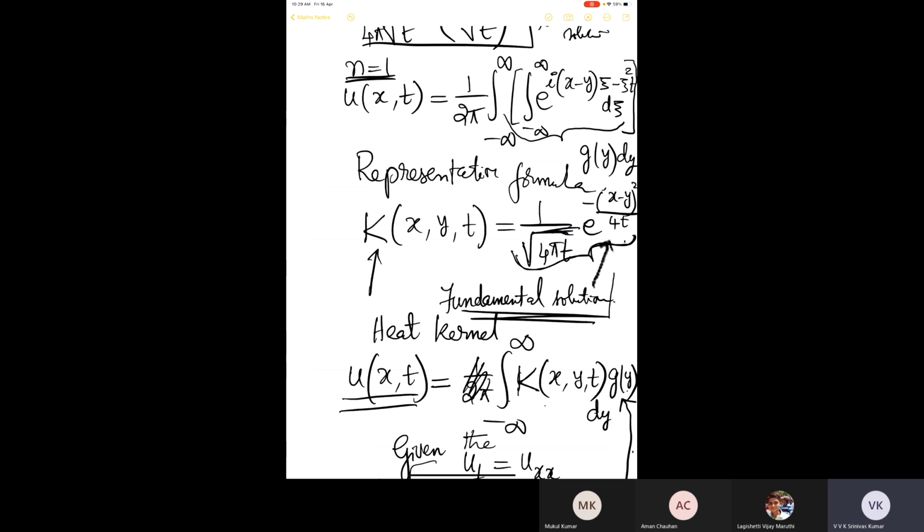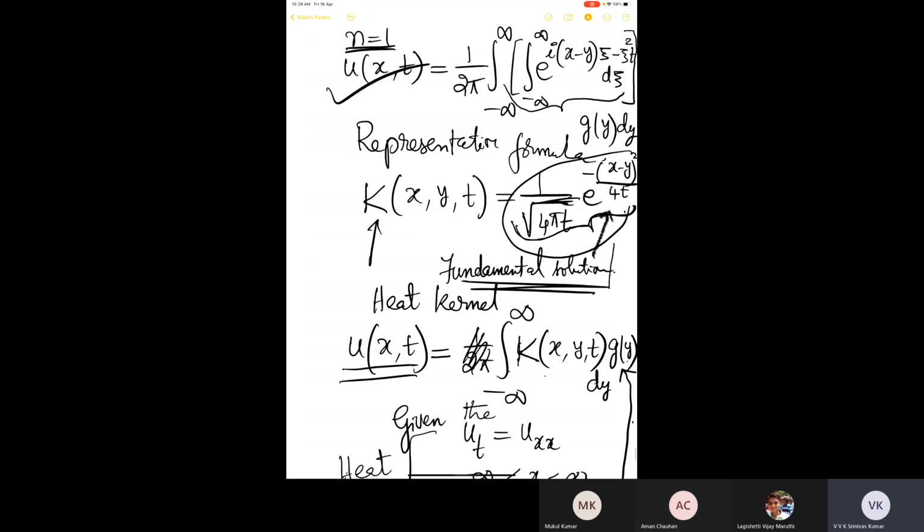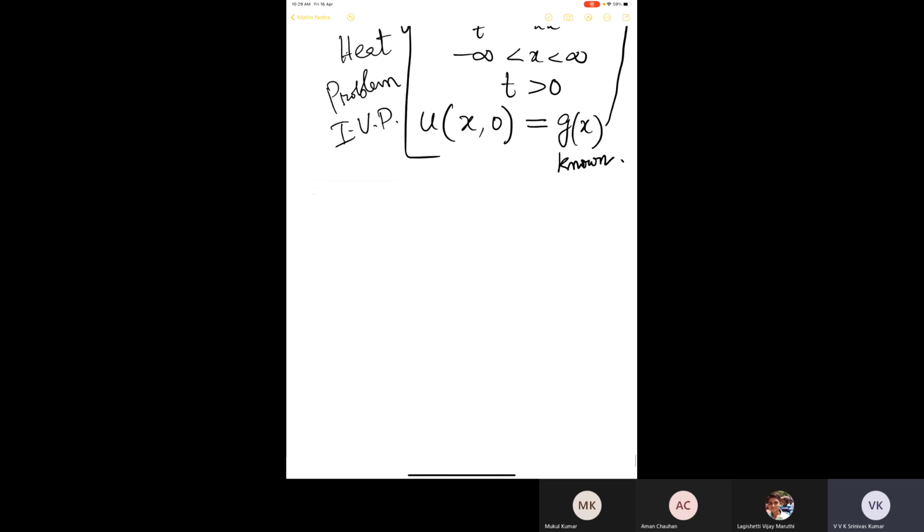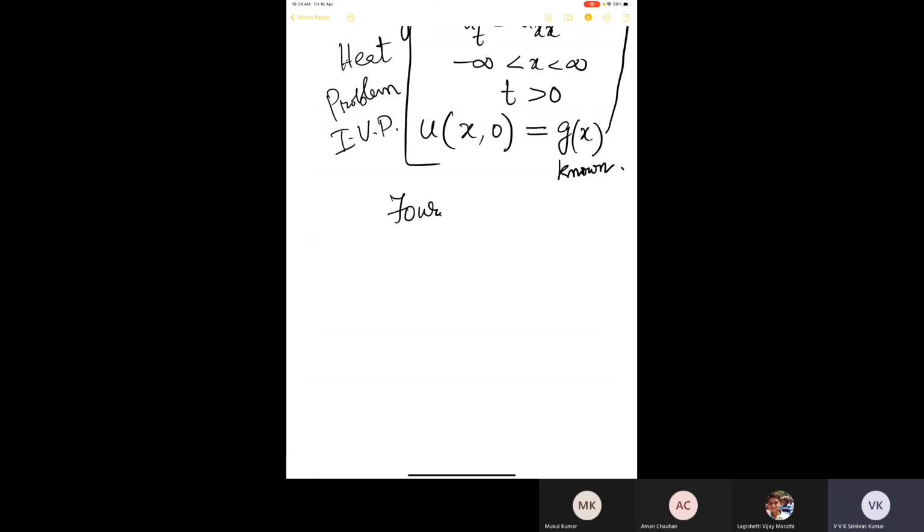Okay. So how did we obtain this part? That is the main thing. And how did we obtain this formula? This is using the Fourier transforms.